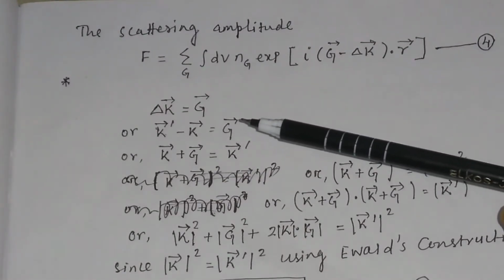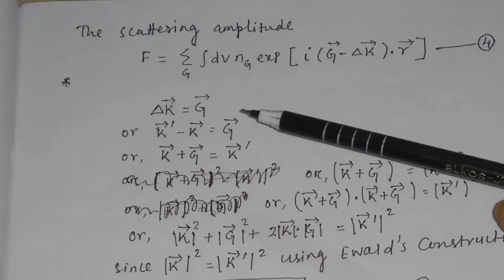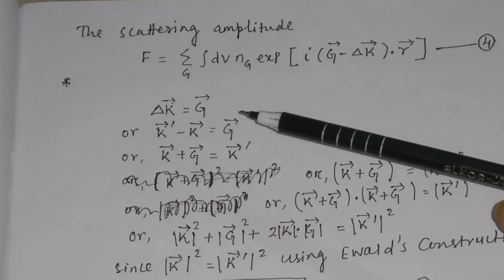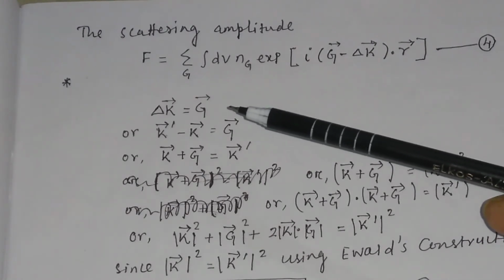But in elastic scattering you take k dash is equal to k, so that delta k will be equal to 0. But in Bragg scattering, you will take delta k is equal to G.